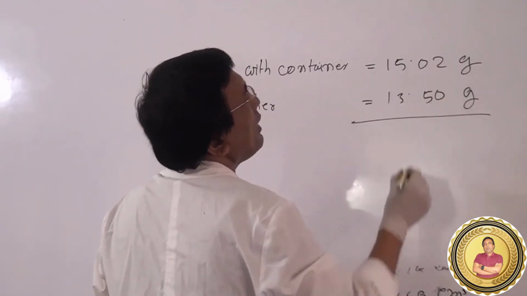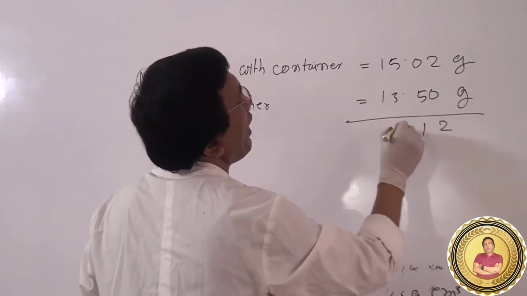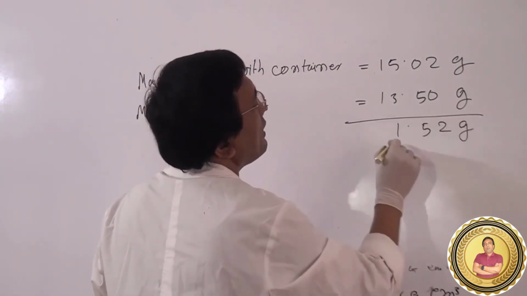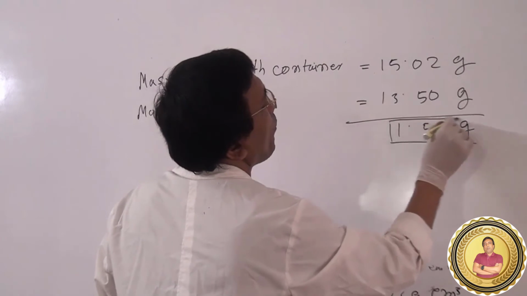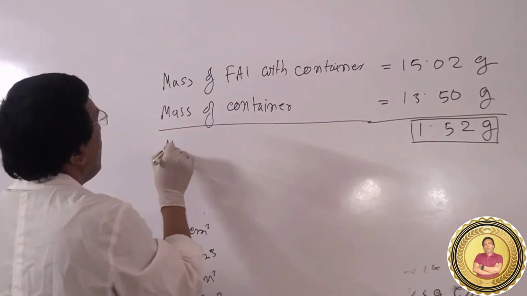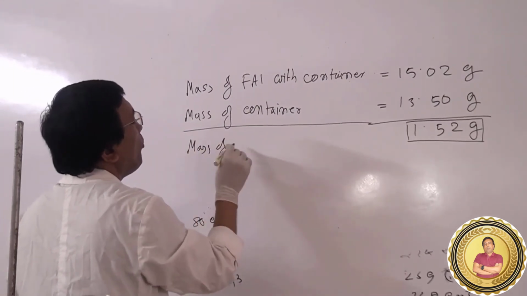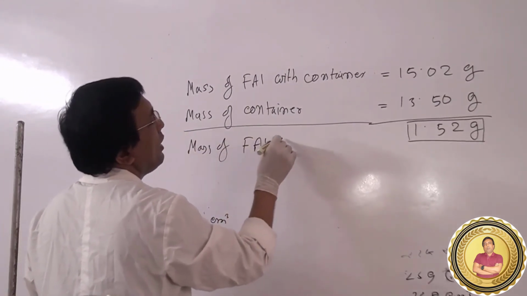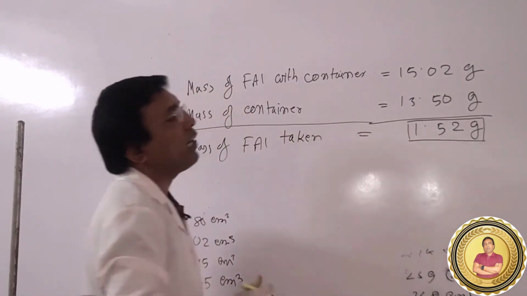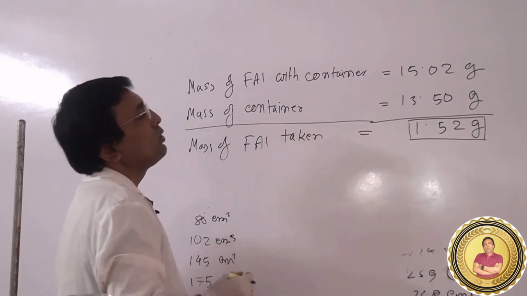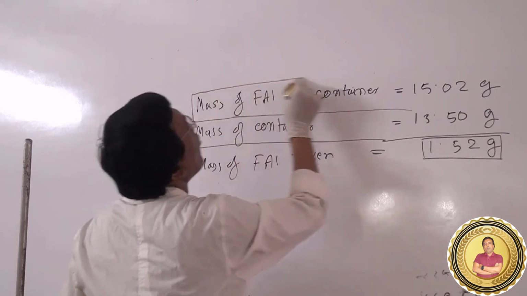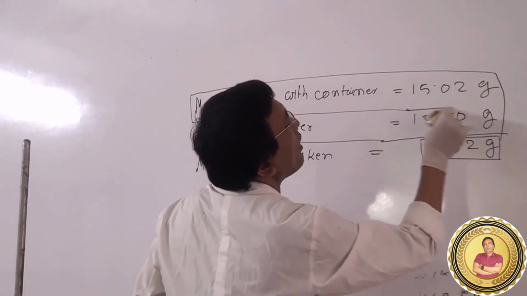So what's the difference? It is 1.52 gram, which is the FA1 sample transferred. Okay, so we can say the mass of FA1 taken equals 1.52 gram.